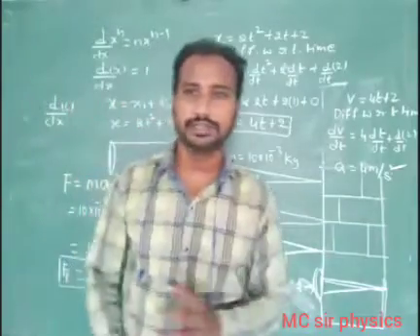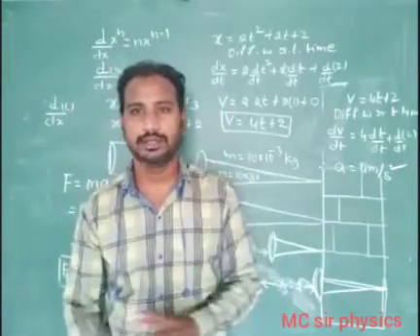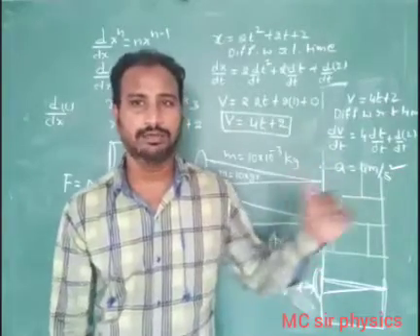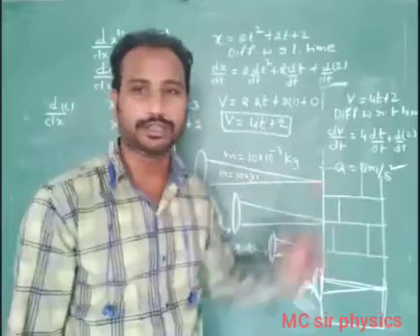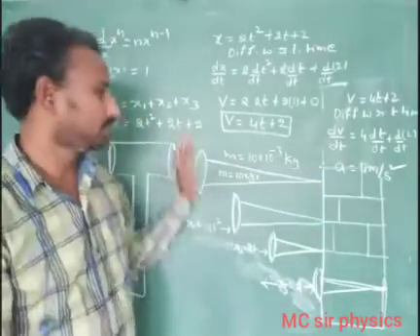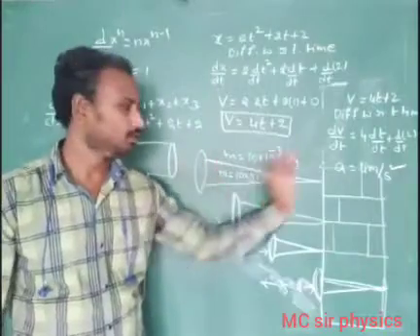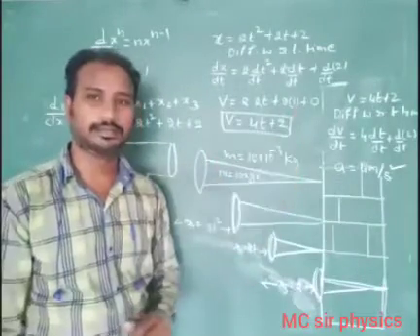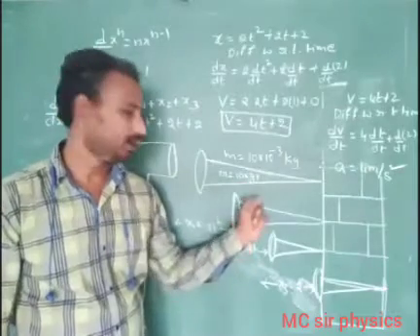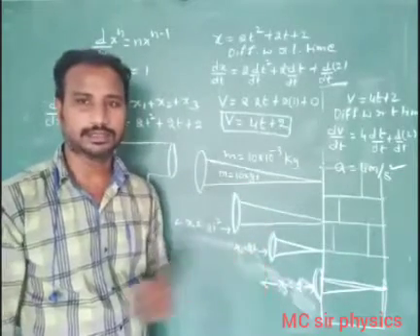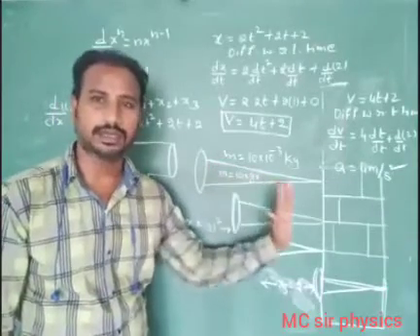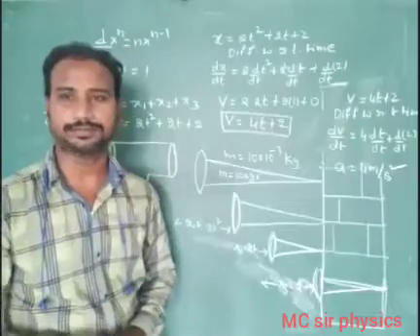Under these conditions we have to find the variable physical quantities. Here, displacement is a variable quantity and velocity is a variable quantity. When we hit the nail, it moves into the wall, and we have to observe the displacement and velocity in that time. Velocity and displacement change with respect to time.